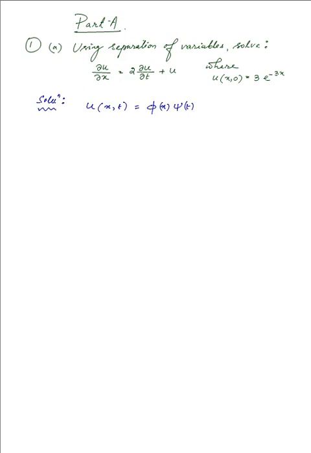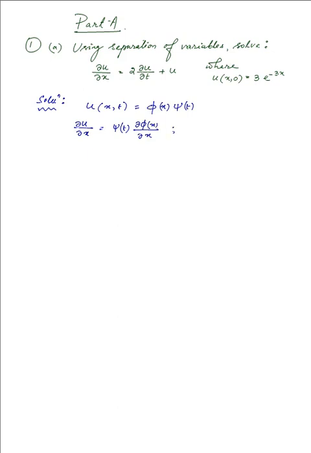So now we have del u over del x to be equal to, because this is the partial derivative, psi t is constant in that case, and we end up with del phi x over del x.